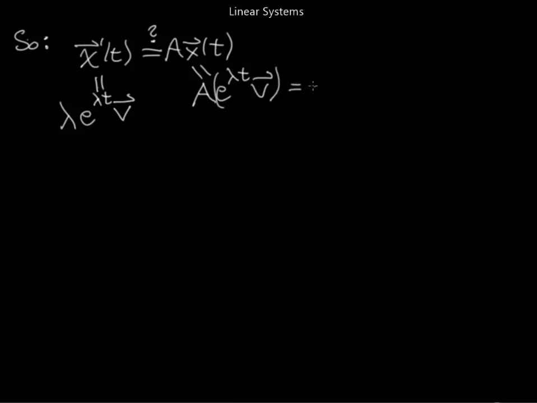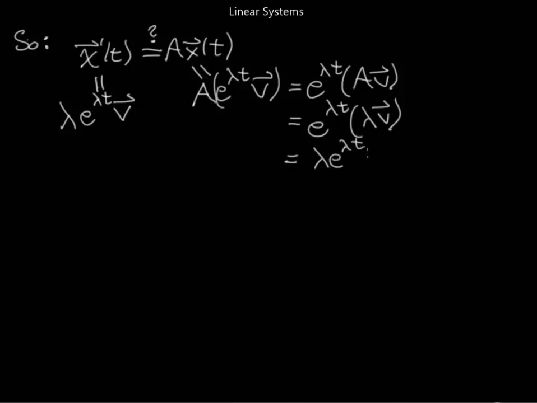That's what x is. And e to the lambda t is just a scalar, so I can pull that out front. That's e to the lambda t times Av. And Av is lambda v. And then I can change the order of the scalars back again, and I get e to the lambda t v. And there you have it. It's true. That's all it is. All there is to it.